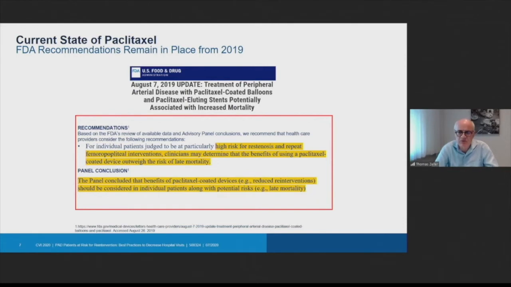What's the background of the entire session? It's basically the FDA announcement and recommendation, which is almost 1 year old now, and it was not changed since August 2019, recommending that drug-coated devices, either balloons or drug-eluting stents, should only be used for patients at high risk for restenosis and repeat femoropopliteal interventions.